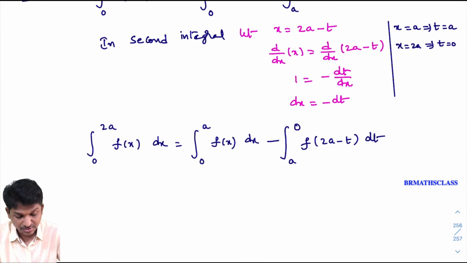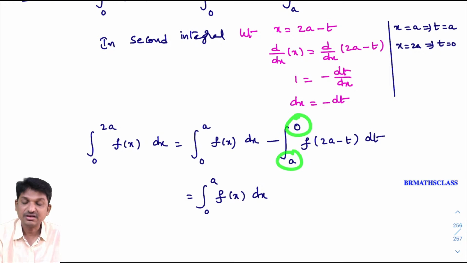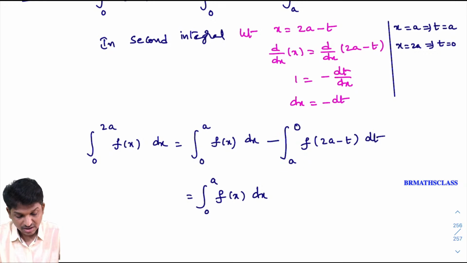Further we'll simplify this. The integral of 0 to a f of x dx. Here I want to interchange the limits. A to 0 is there, I want to write 0 to a. If you want to interchange the limits, you just change the sign of the integral. Here minus is there, minus will become plus. So the integral of a to 0 will become 0 to a.